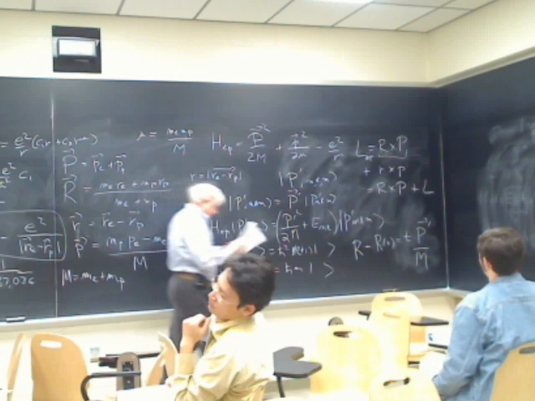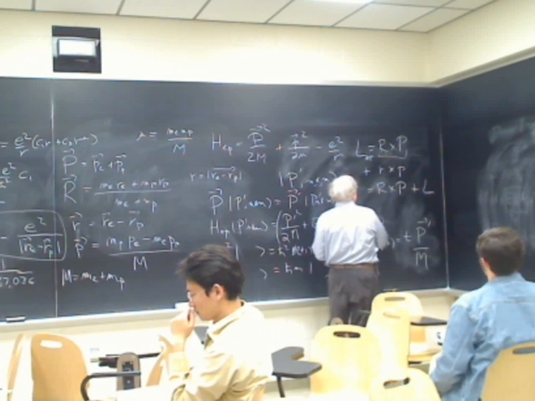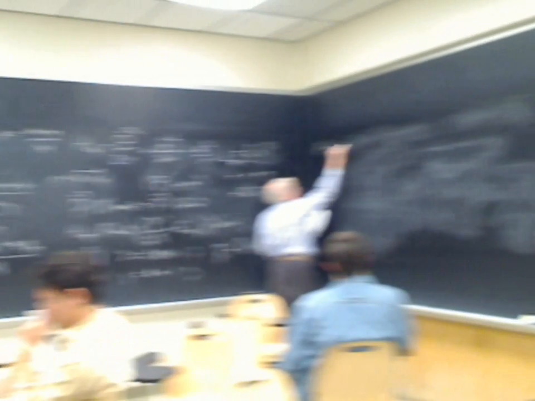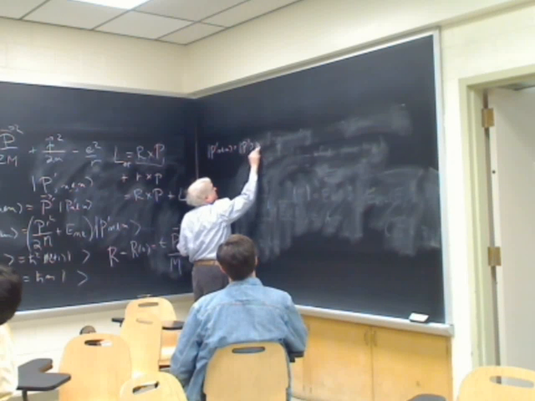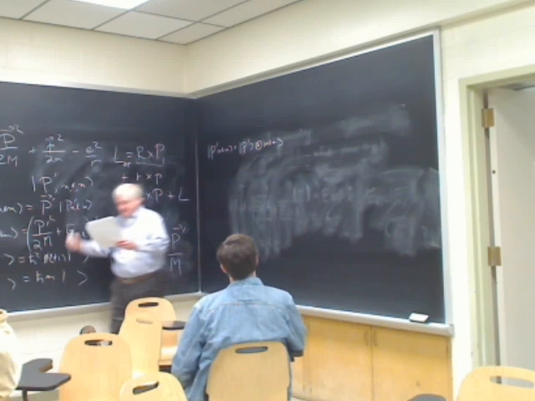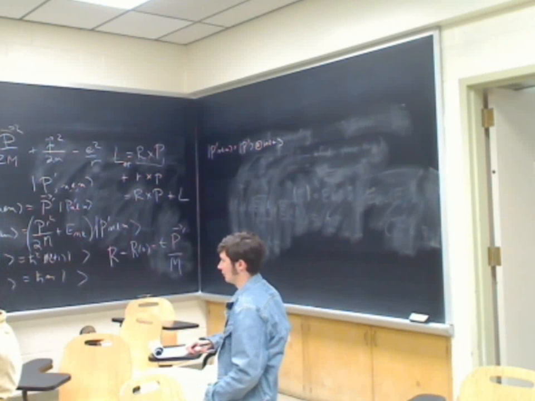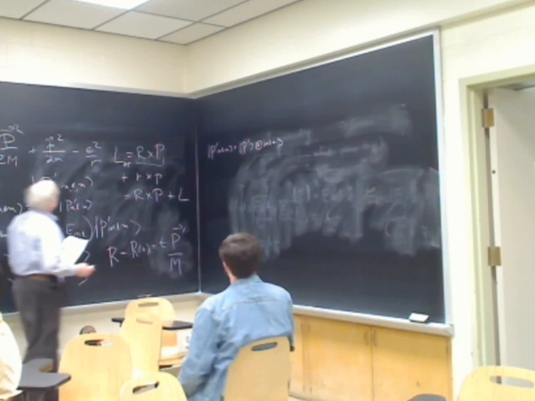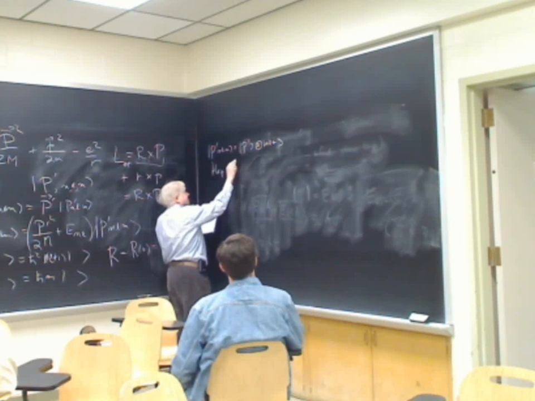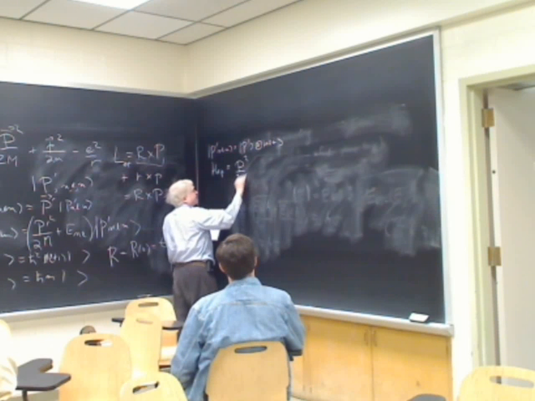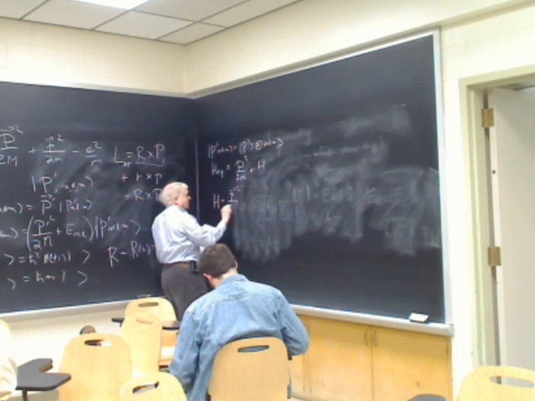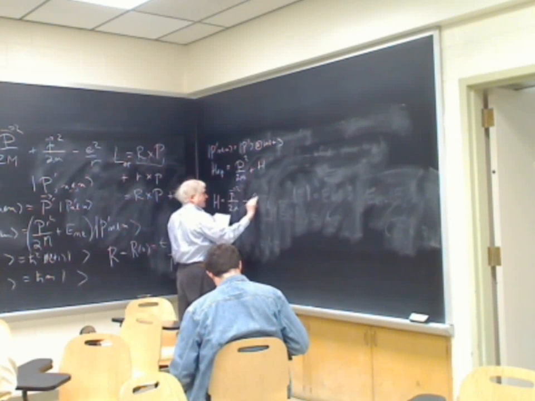Okay, so what we're going to be doing then is these things are direct product states, and we're going to be writing this as |P'> direct product |n l m>, and then we're going to just ignore the overall translation of the total atom, and so we're going to separate the H_CM as P squared over 2 big M plus H, and then H is p squared over 2 mu minus e squared over r.